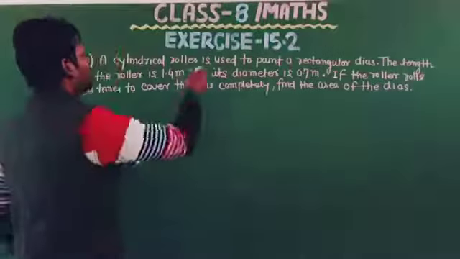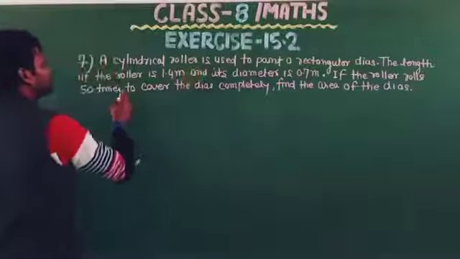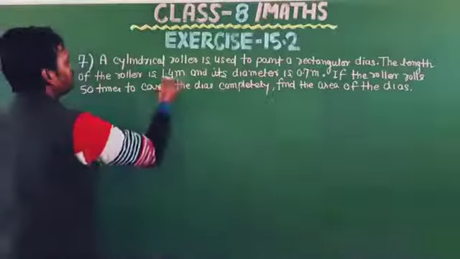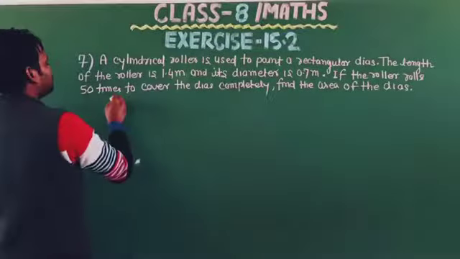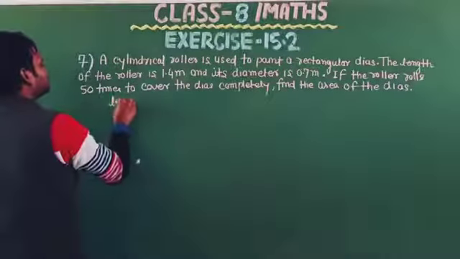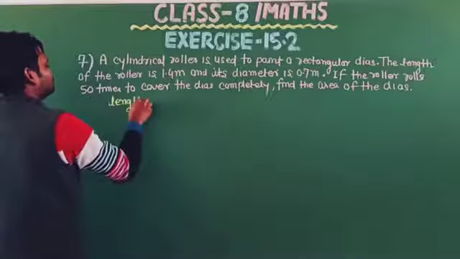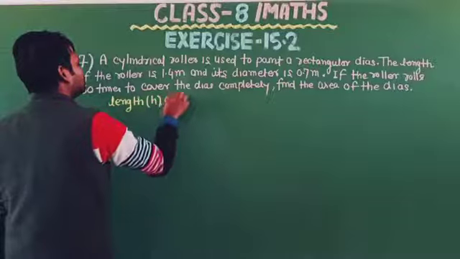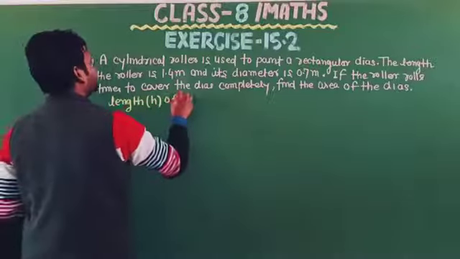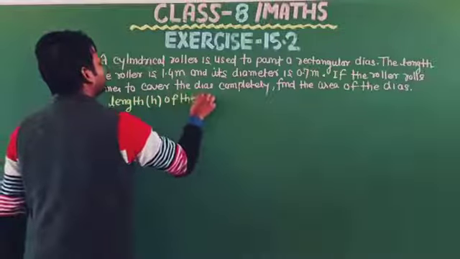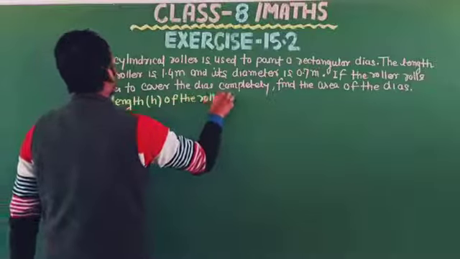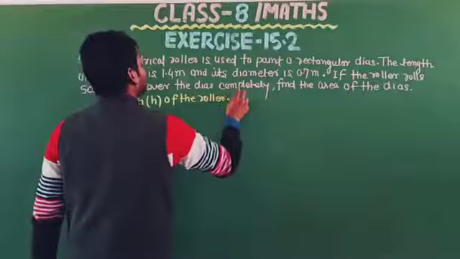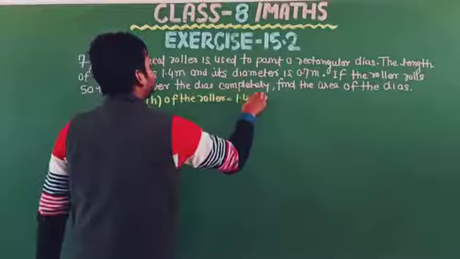Okay, so the dimensions are given to us. Length of the roller, h, equal to 1.4 meter.